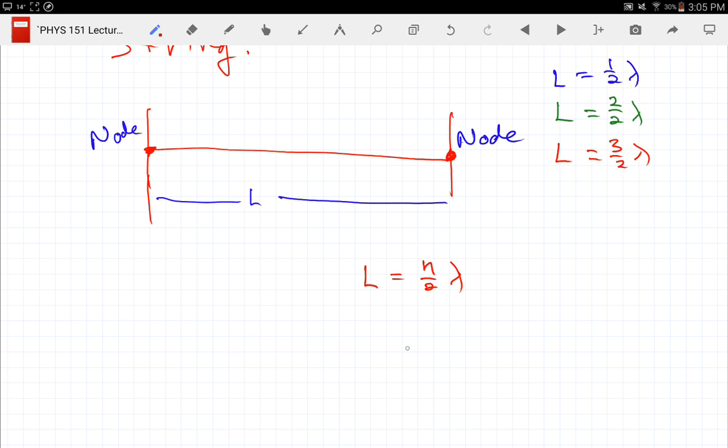The wavelength that will resonate on the string, I'm going to put a subscript n for each wavelength that resonates on the string, must be equal to 2L over n, where n is any integer. Because notice I had 1 half, 2 halves, 3 halves, so n was just integers there in my problem. So this tells me the wavelengths that will resonate on the string.